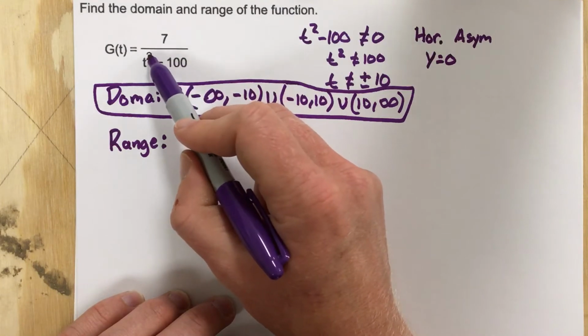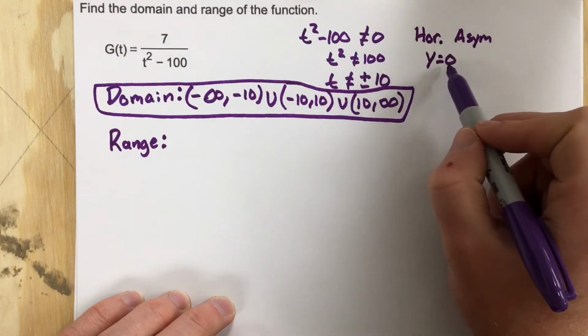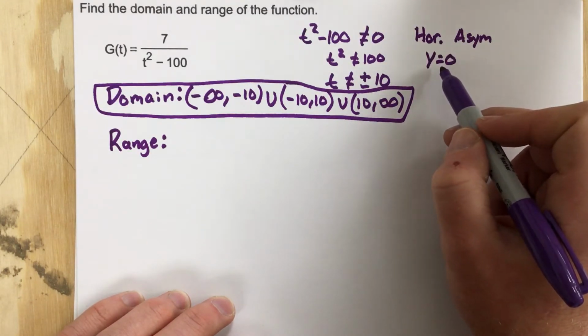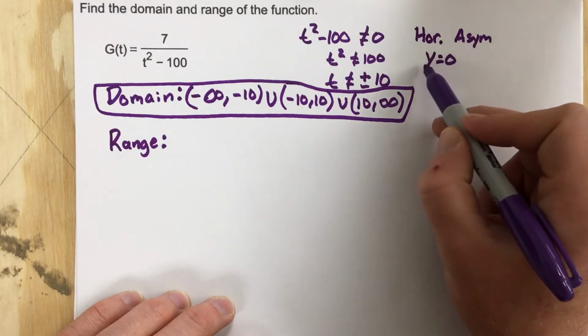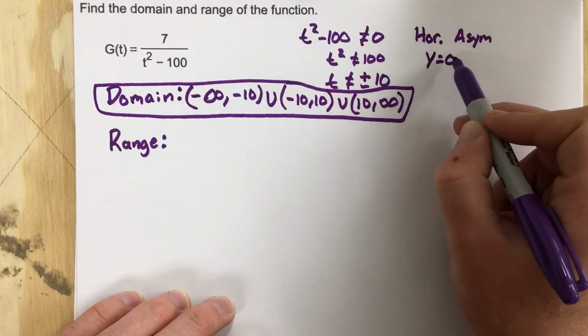The power on the bottom is larger than the power on the top. Now that doesn't mean that our function can't equal 0, but that gives me an idea that that might be a range value that we cannot get.